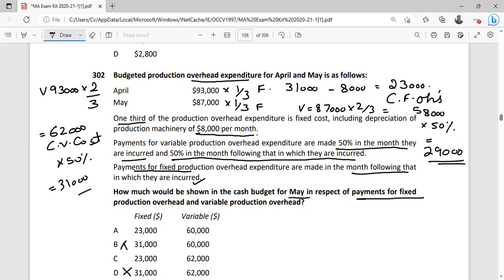So for variable overhead, we will pay in the month of May 31,000 from April and 29,000 from May. So it means 60,000 is the total payable amount with respect to variable overhead, which means option A is the right answer. Any questions?